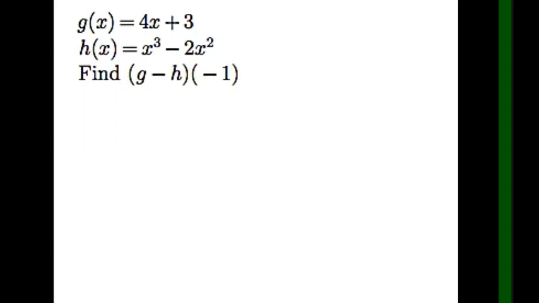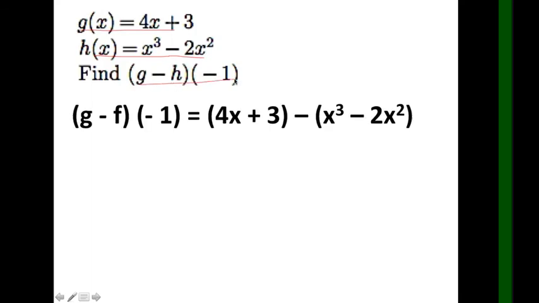Next, 4x plus 3. Okay, so we have another example now. 4x plus 3 for g of x, and h is x cubed minus 2x squared. Okay, so we will write first the equation or the given condition, wherein x is equal to negative 1. So this is our given, and then substitute the value of x, which is negative 1, to all the x's here.